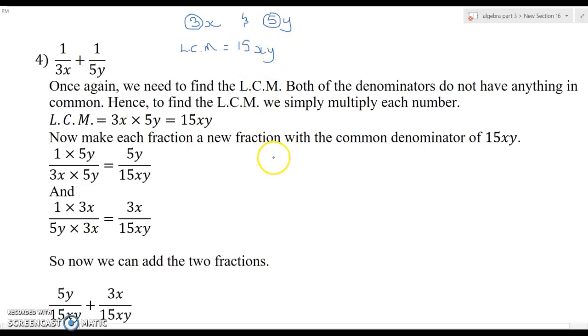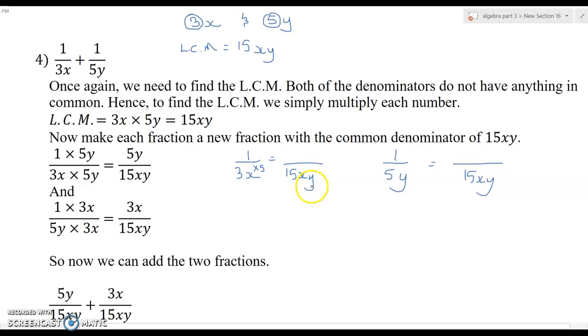So now, let's make our two fractions. 1 over 3x and 1 over 5y, as new fractions all over that LCM of 15xy. So let's see how we are getting this here. Now, we know that 3 by 5 will give us the 15.